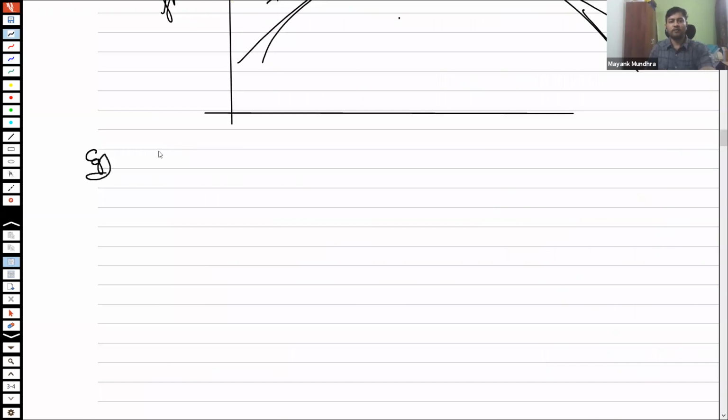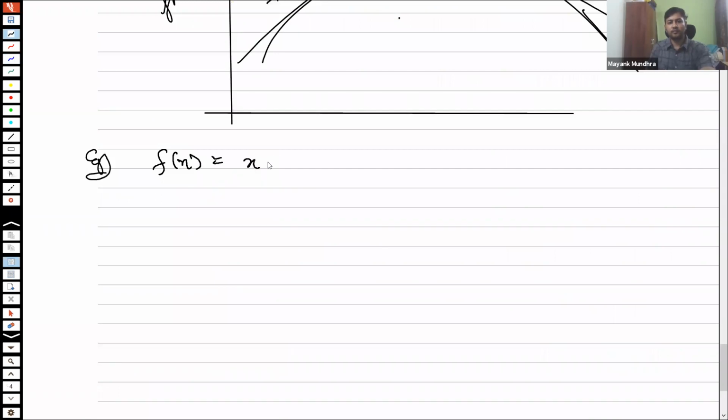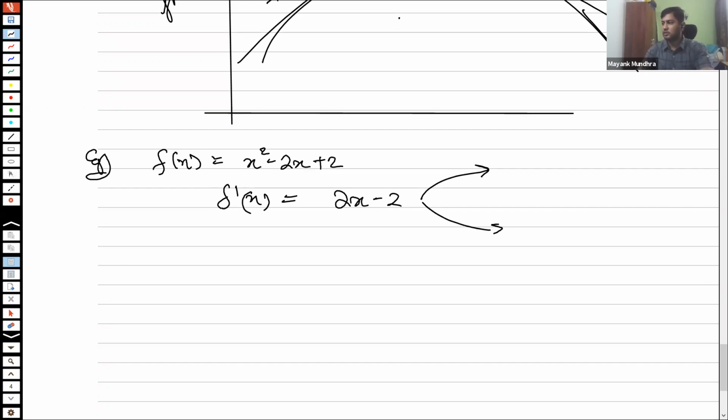F of x equals x squared minus 2x plus 2. First I look at f prime of x. So f prime of x is equal to 2x minus 2. Let me ask this question to, who hasn't participated today?